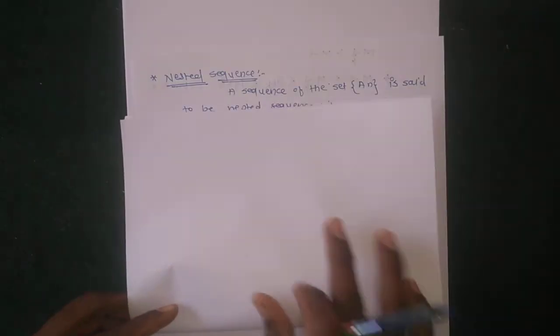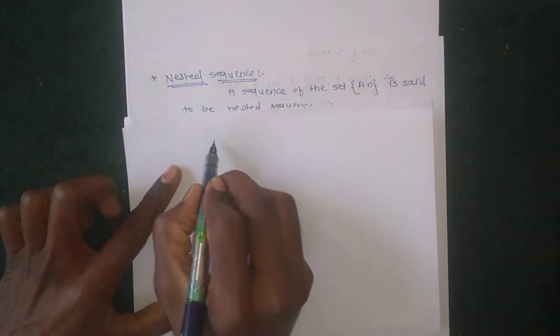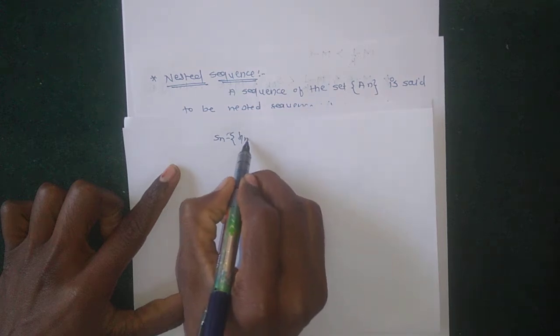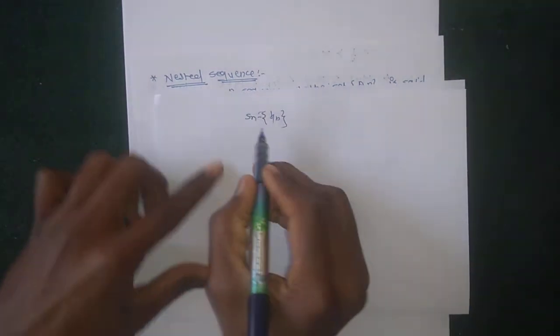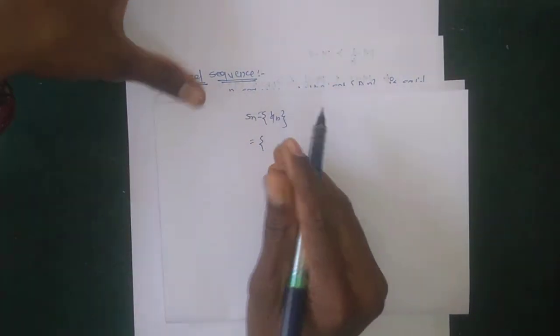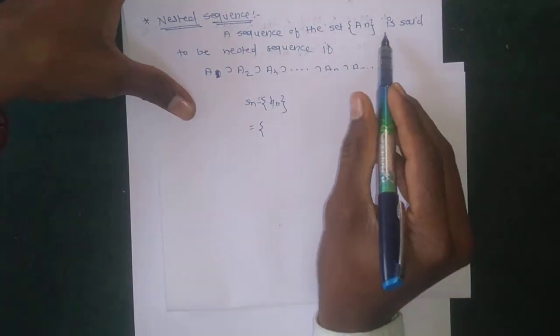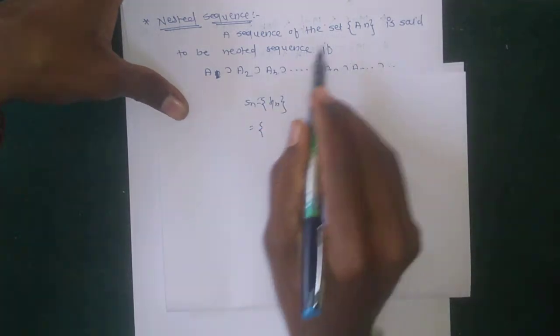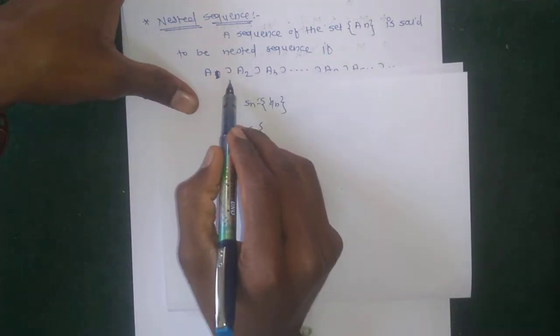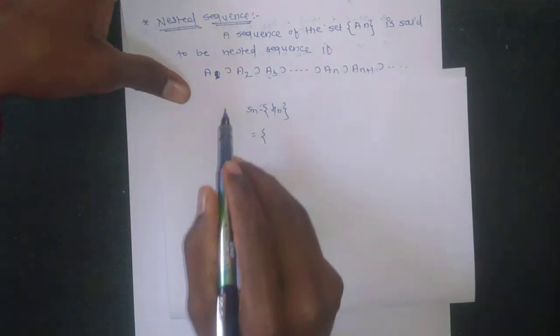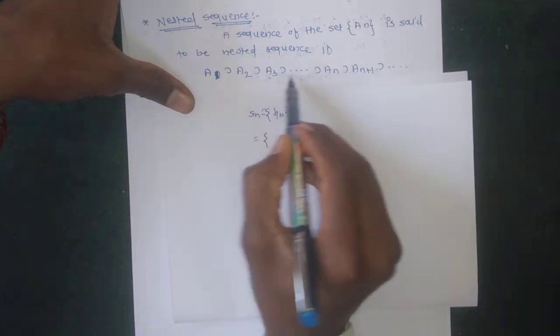Nested sequence means, suppose Sn is equal to 1 upon n. The sequence of the set An is said to be a nested sequence if A2 is contained in A1, A3 is contained in A2, in this way.